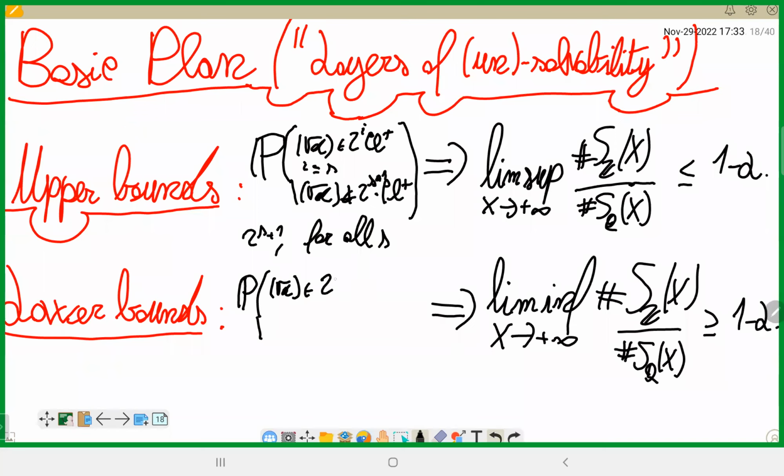And so what you do is you prove that square root d is in 2 to the s times class plus, and 2 to the s times class plus 2 to the s plus 1.